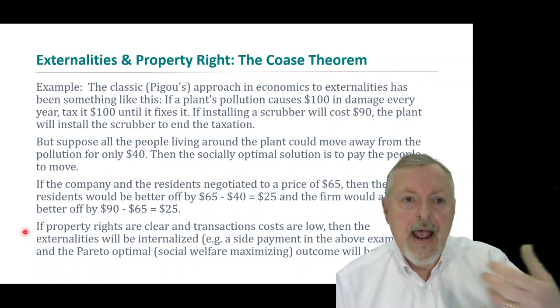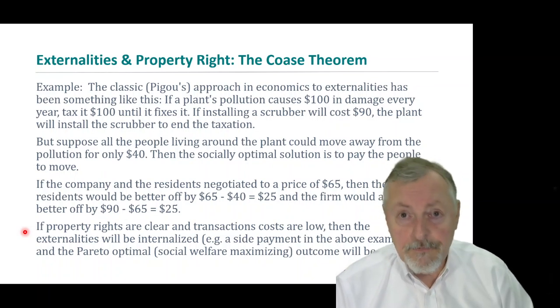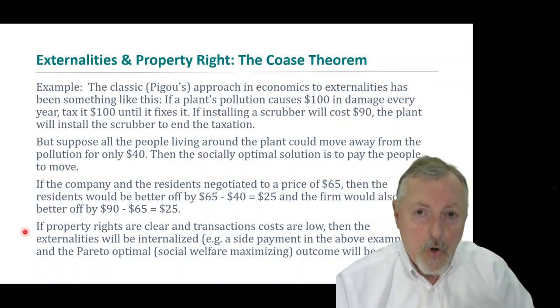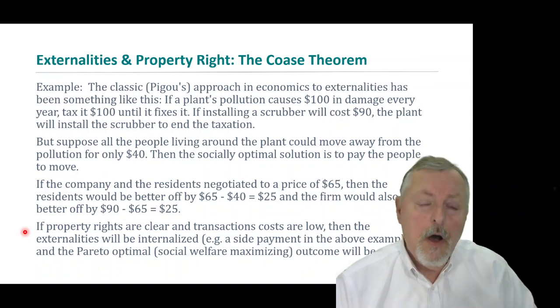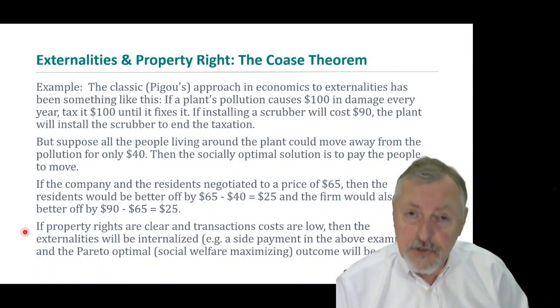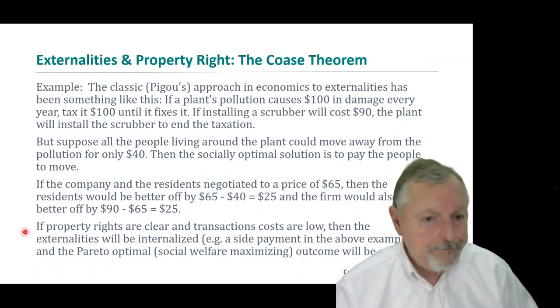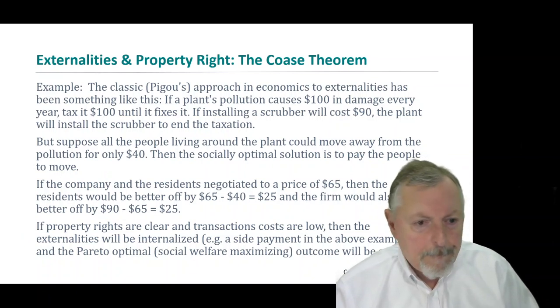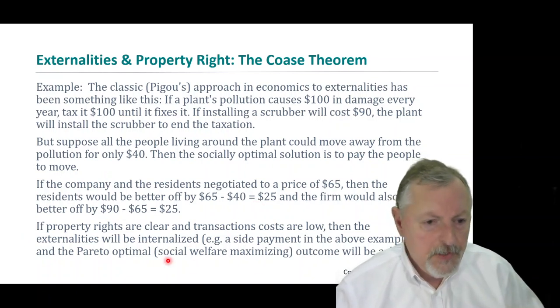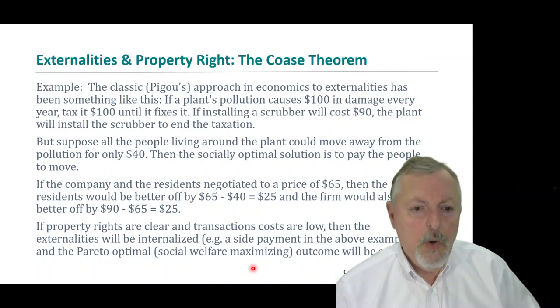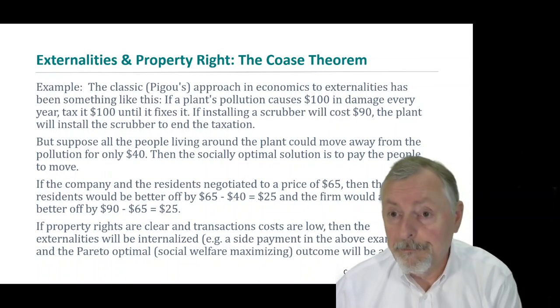There's no more external cost or benefit. And since all of the costs and all of the benefits are taken into consideration by the decision makers, they will make the optimal decision. In this case, this would be the social welfare maximizing, Pareto optimal outcome.